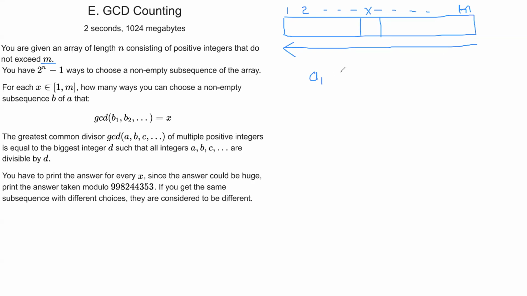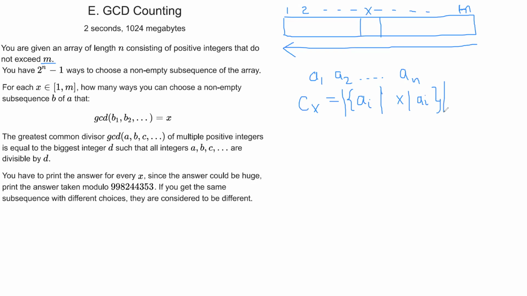Let's say we have a1, a2, etc., an. Now let's count how many numbers are divisible by x. It means: how many ai such that x divides ai.